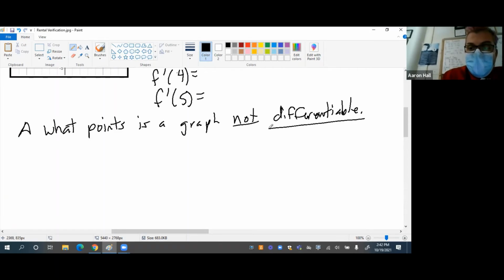What does differentiable mean? It means you can't take the derivative.